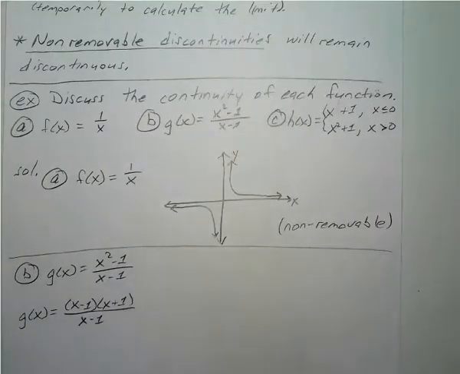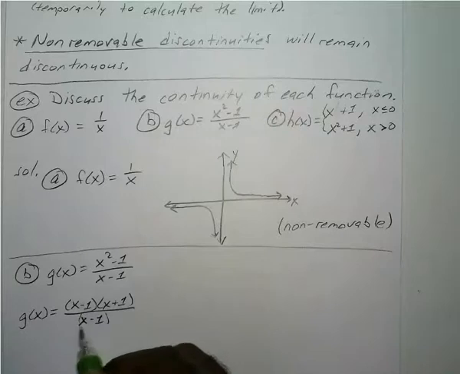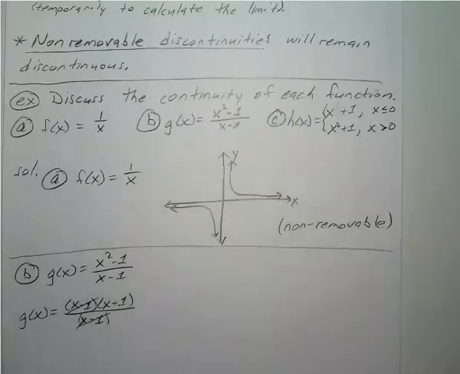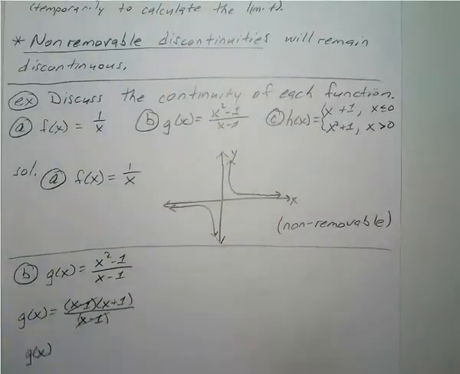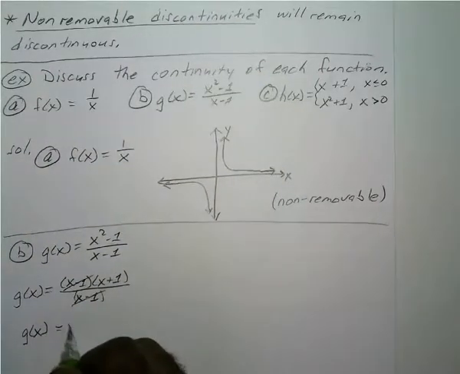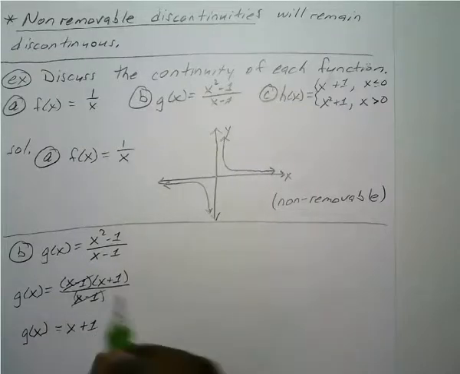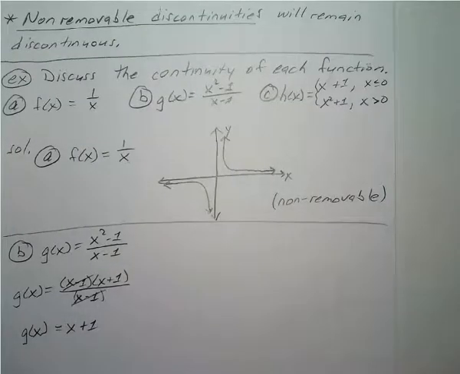Now, once we do that, these two x minus 1s cancel each other out. So your g of x is going to equal x plus 1, since that's the only thing that didn't cancel out.